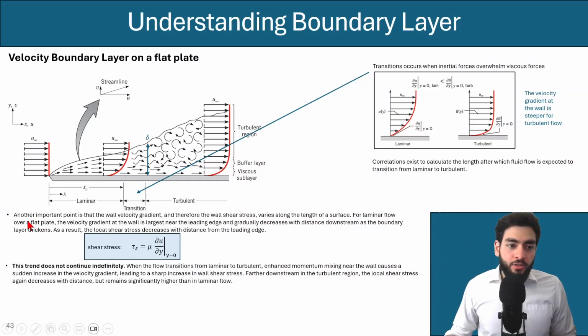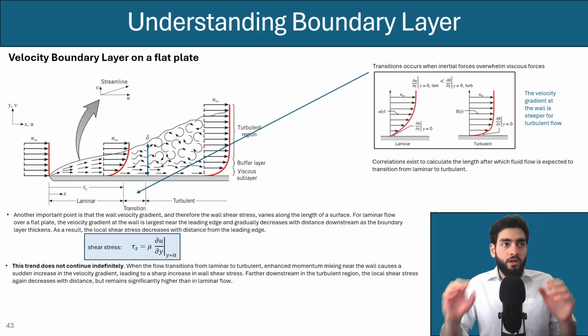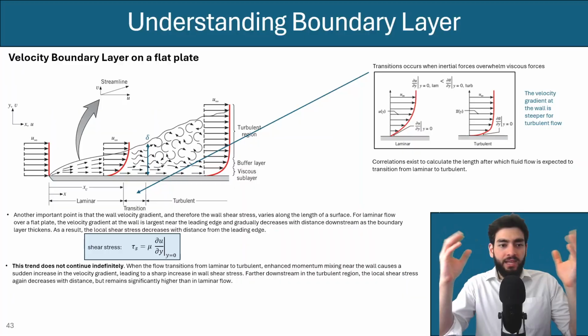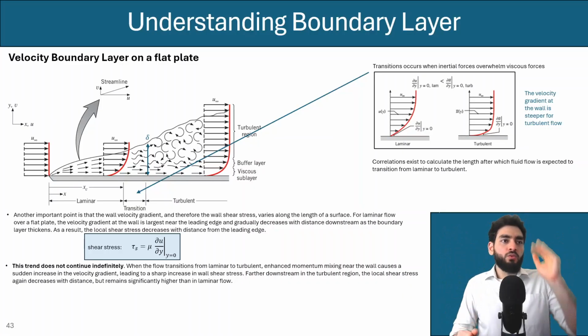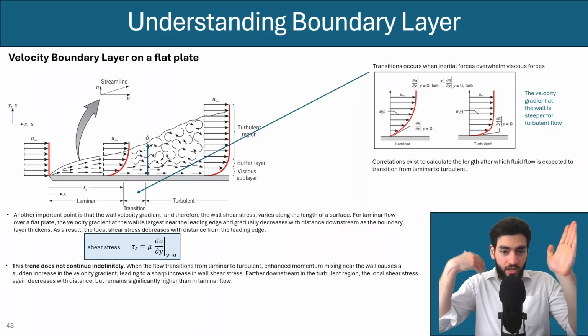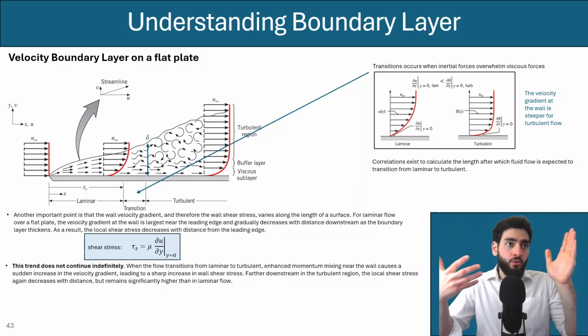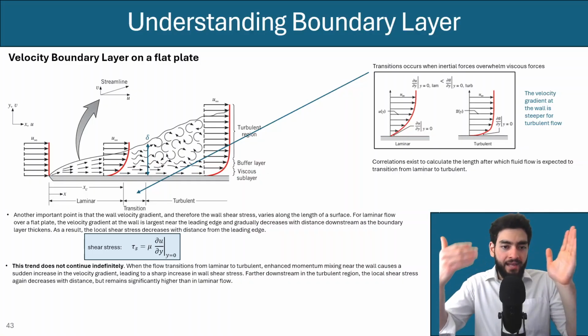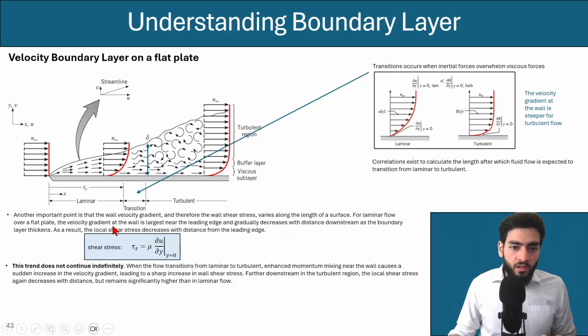So for the laminar flow over a plate, in this section specifically, the velocity gradient at the wall is largest near the leading edge. And I've shown you an example of that, where I showed you two arbitrary points in, let's say, the laminar region. And we saw that the region closer to the edge had a higher gradient, and so it would mean that it has a higher shear stress.